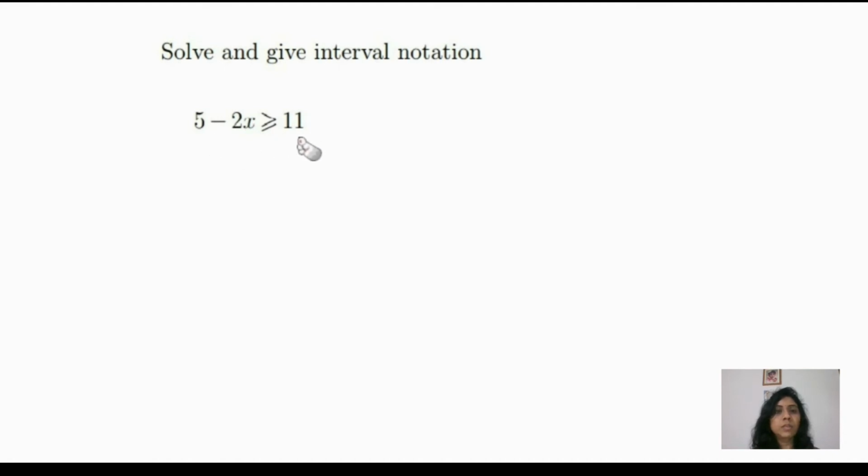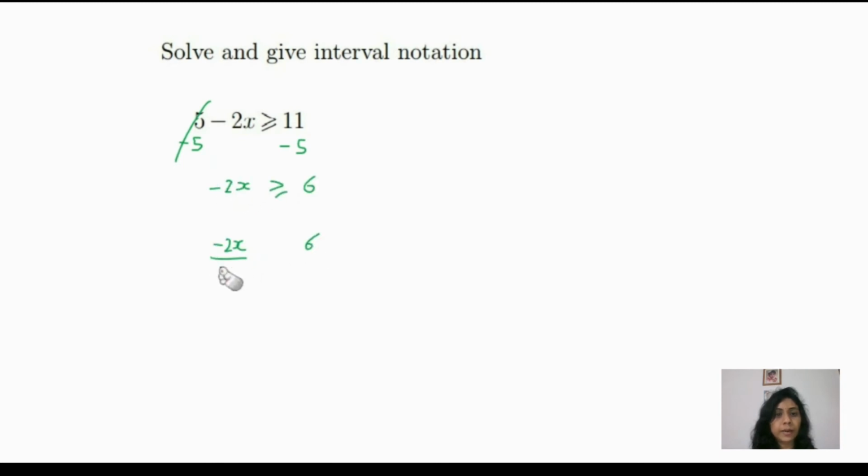Here, this one you can solve like a linear equation. For this we have to subtract 5. So this cancels, and we get -2x ≥ 6.